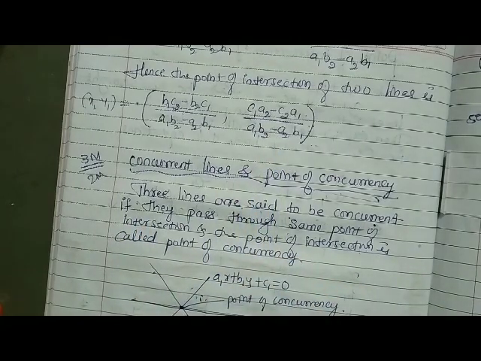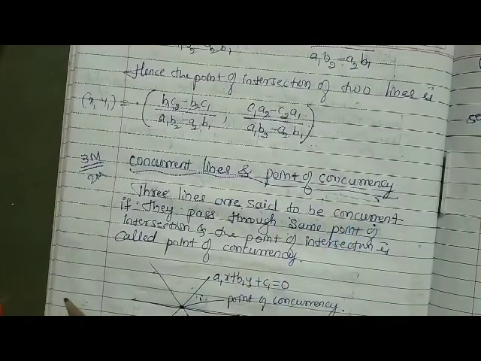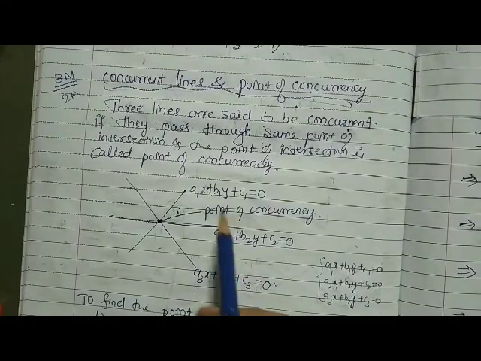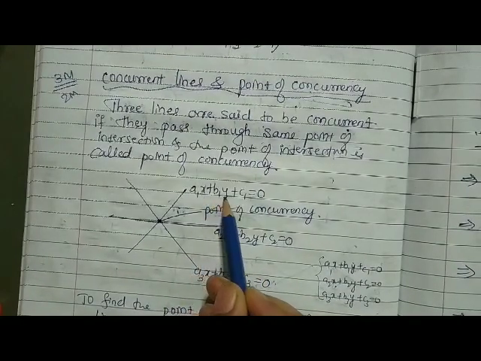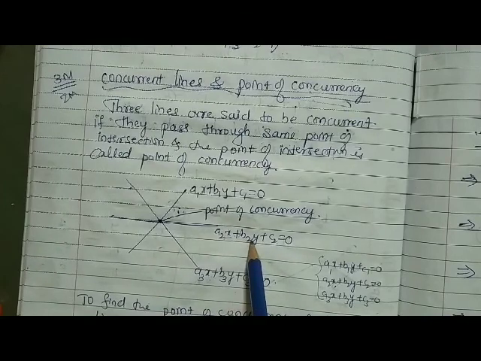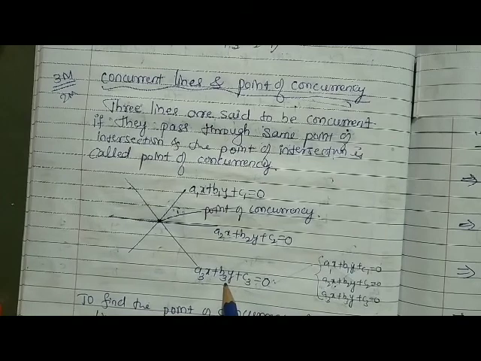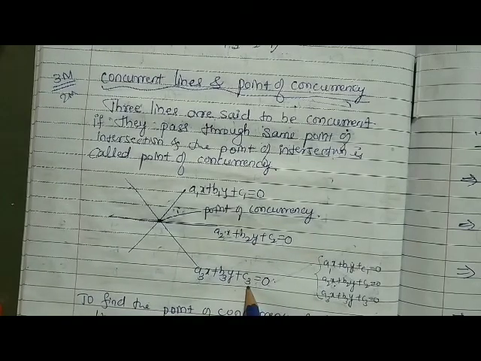Okay, so next, concurrent lines and point of concurrency. Let us consider three lines: a1x plus b1y plus c1 is equal to 0, a2x plus b2y plus c2 is equal to 0, a3x plus b3y plus c3 is equal to 0.